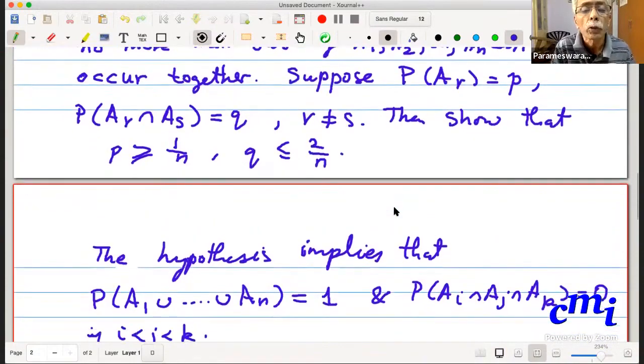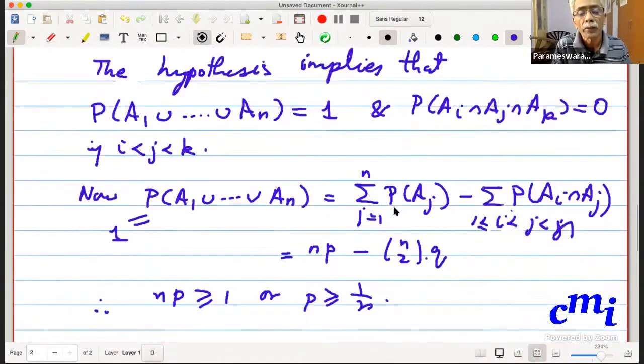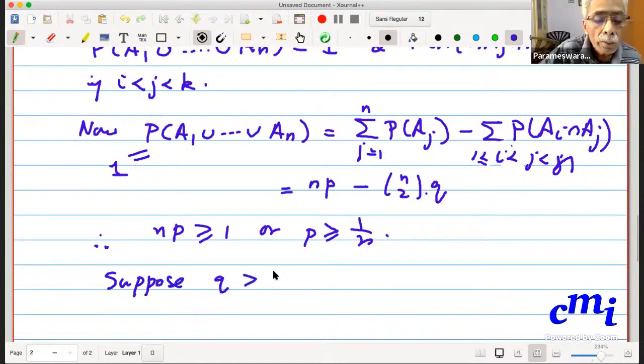So the question is whether Q can be very large. If it exceeds 2 by n, let us see what happens. So suppose that Q is bigger than 2 by n.